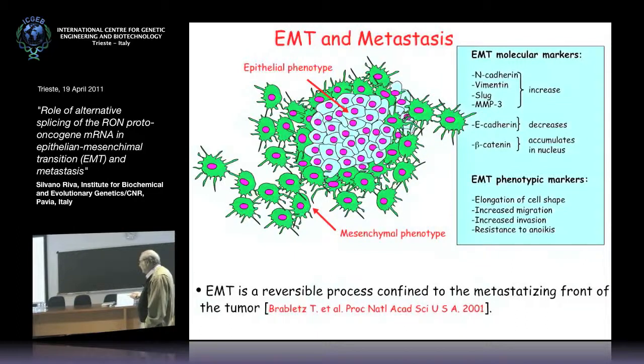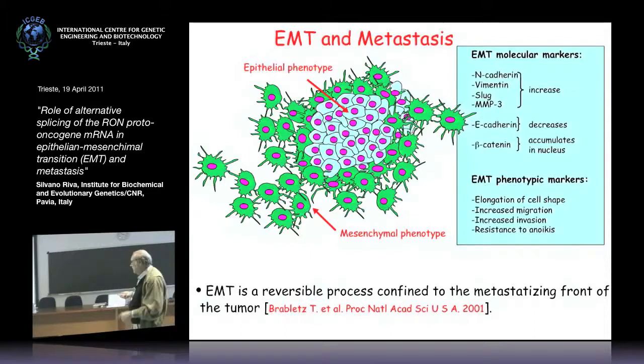It turns out that in metastatizing tumors, talking about solid carcinomas of epithelial cells, not leukemia, the central part of the tumor is sort of epithelial, and the cells at the border are of the mesenchymal type. And in fact, what are the markers of this transition?